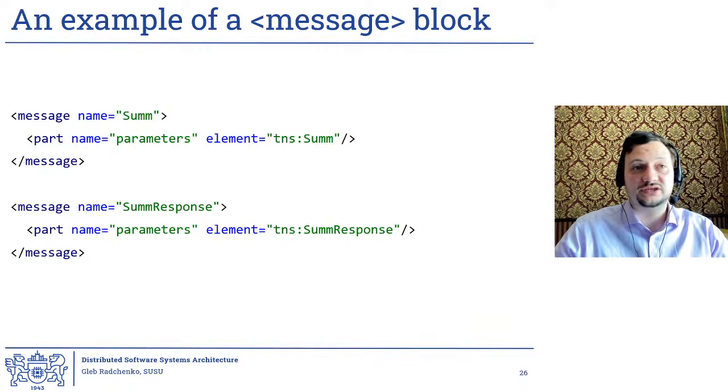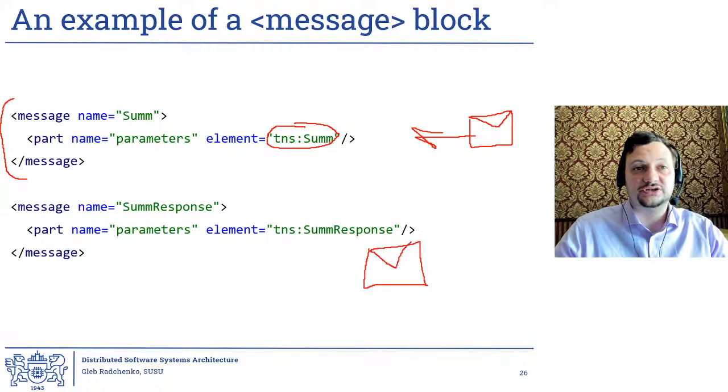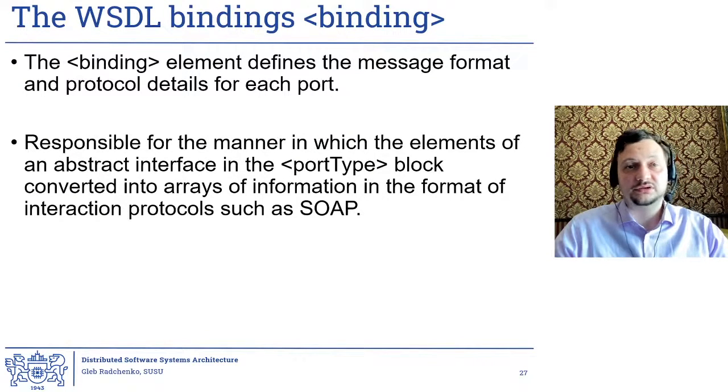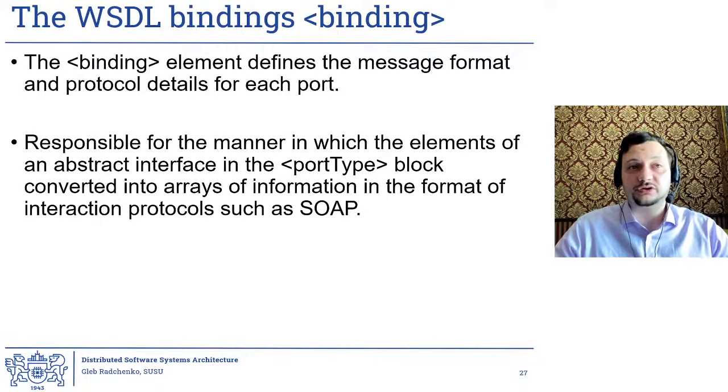And here we see that the message sum, that is the input message, has parameters TNS sum, and the message sum response, this is the output message, would have parameters sum response. The binding element defines the message format and protocol details for each port.